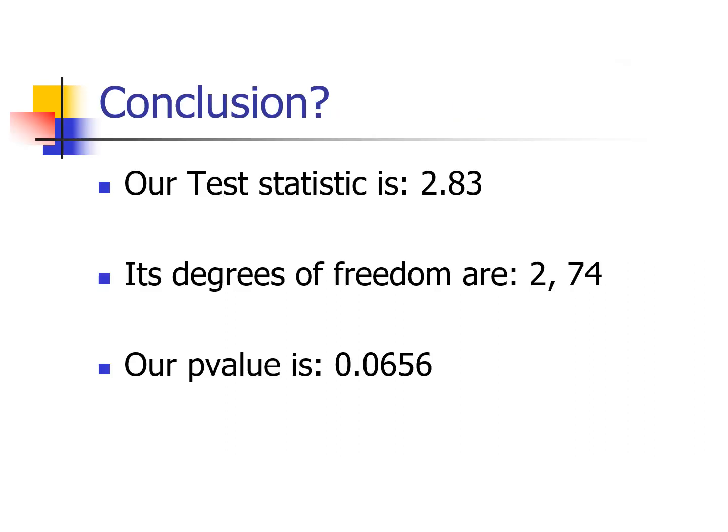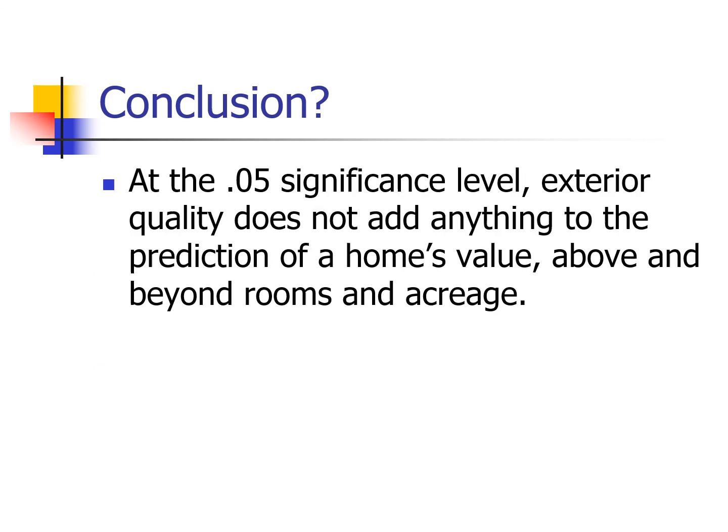At the 0.05 significance level, exterior quality does not add anything to the prediction of a home's value above and beyond rooms and acres. So that allows us to say the variable exterior quality is non-significant. Pretty cool, right? A chunk-wise test turns out to be pretty useful.